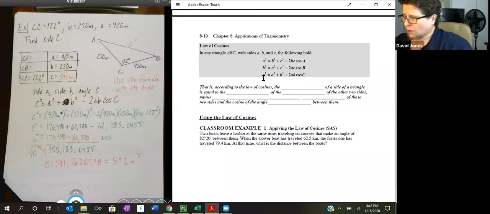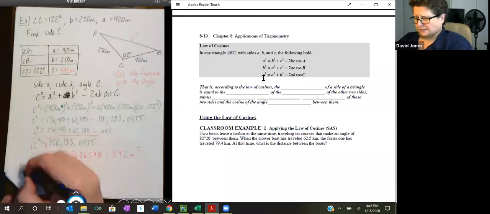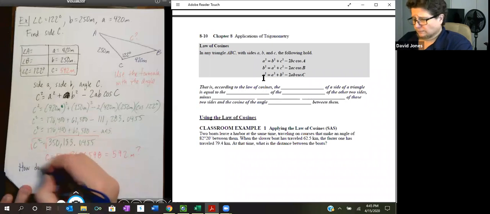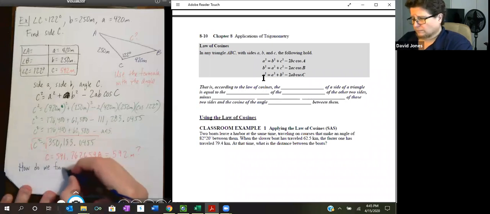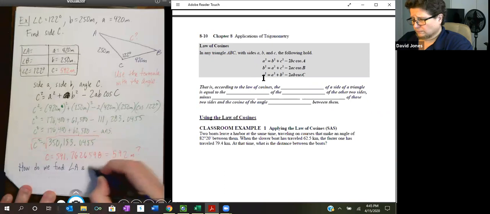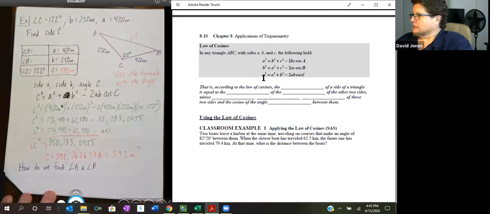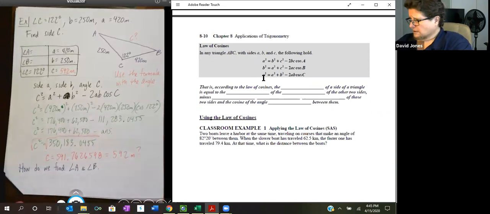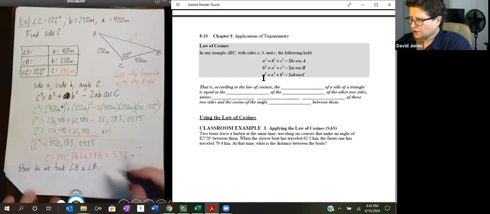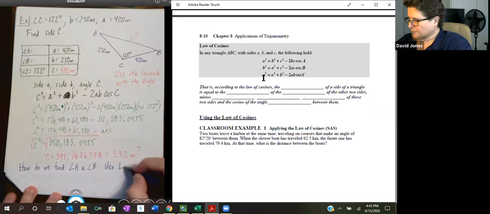And then if we want, what would we do to find angle A and B? Use law of sines for the smaller angle.